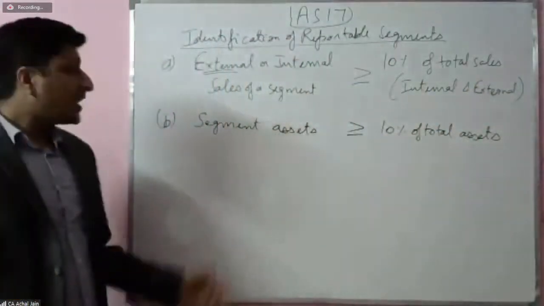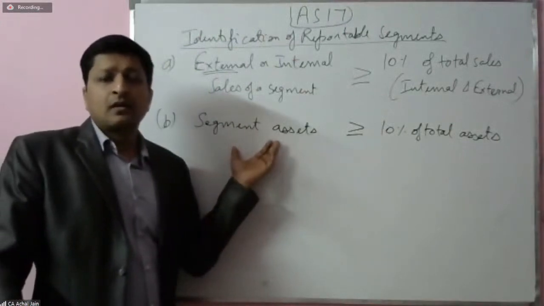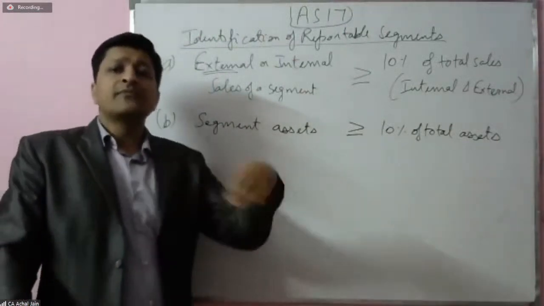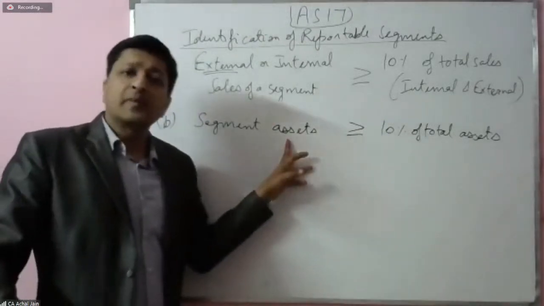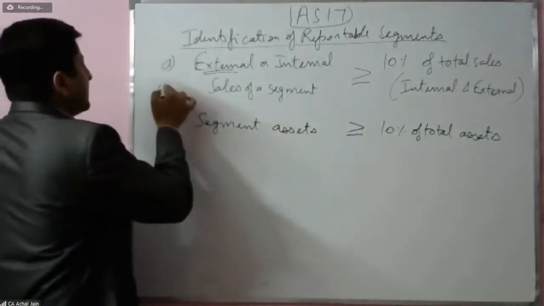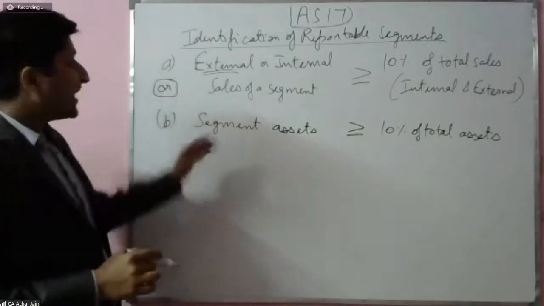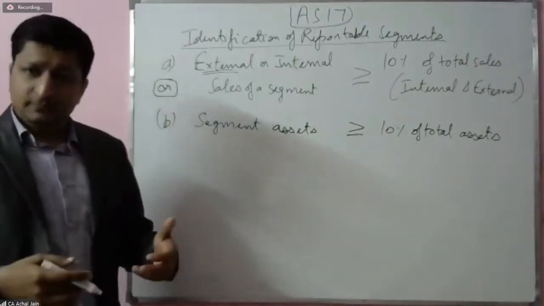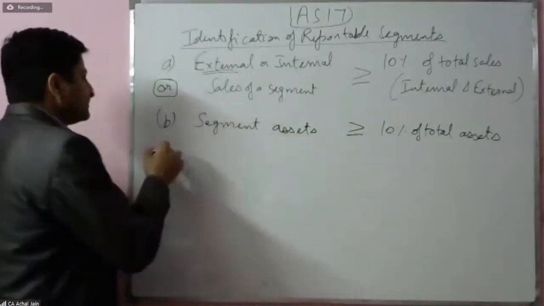Meaning if the segment has some assets whose value is, say, 15% of total assets of the company, then such a segment will become a reportable segment. So we can say either criteria A is met; if A is not met, we'll check B. If B is not met, we'll check A.